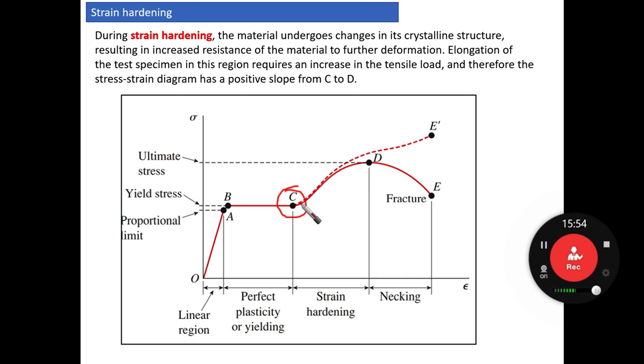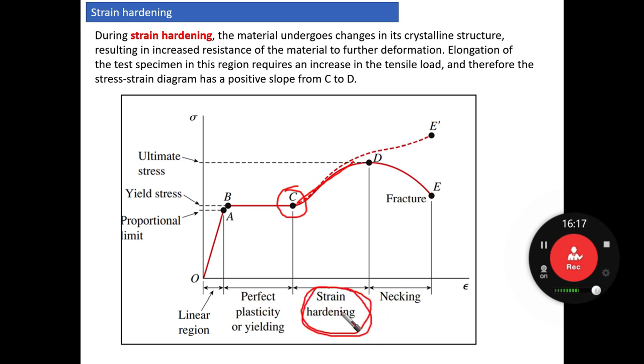So we're going to find something like this, as you can see here. What is the meaning of this slope here? The slope means that the specimen is showing resistance, and still there is some elongation as well. The strain is increasing here, and we call this strain hardening.